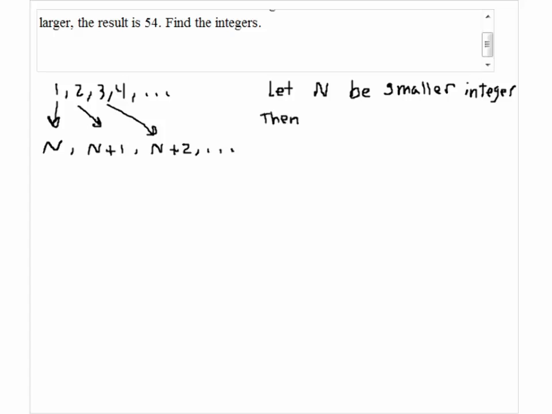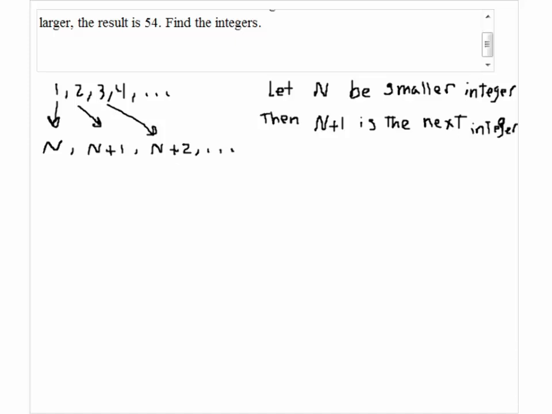Then the next integer would be n plus 1, the next consecutive integer or larger integer. So assuming the first integer is n, which is the smaller one, the second one after that is one more than that, which is n plus 1.